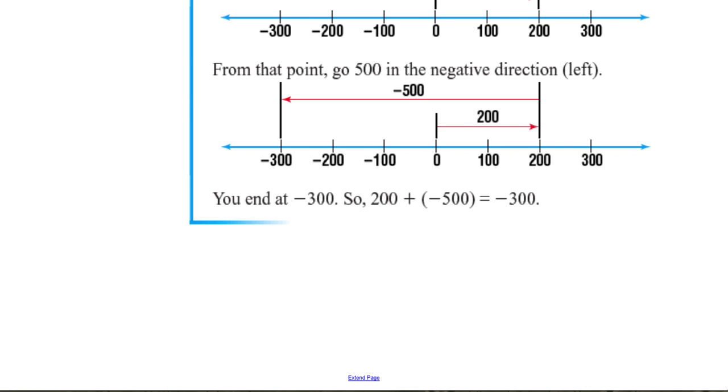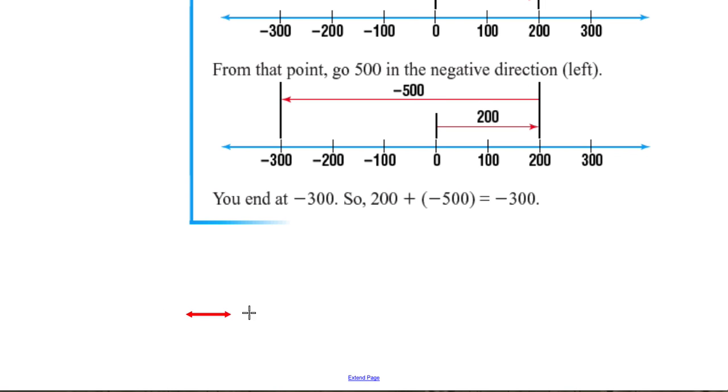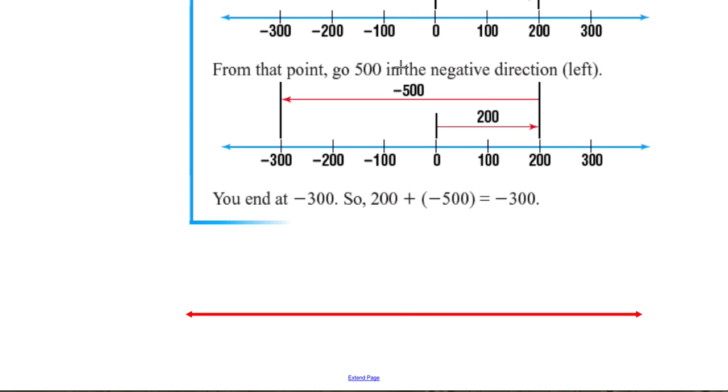So let's say I have a number line, such as this one, with arrowheads. Let's make our hash marks here. We start off with 0.